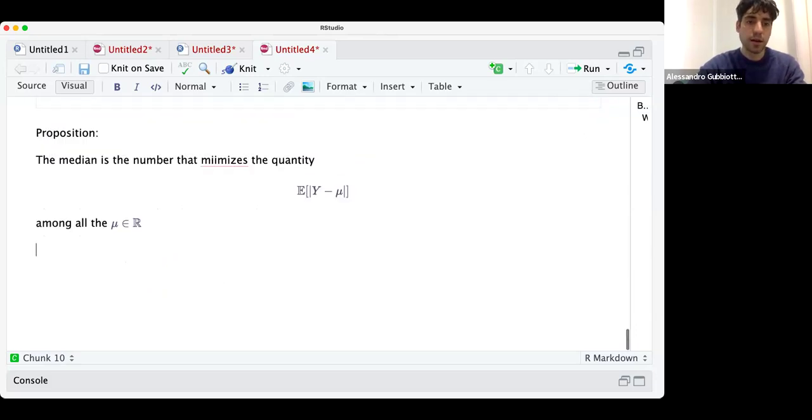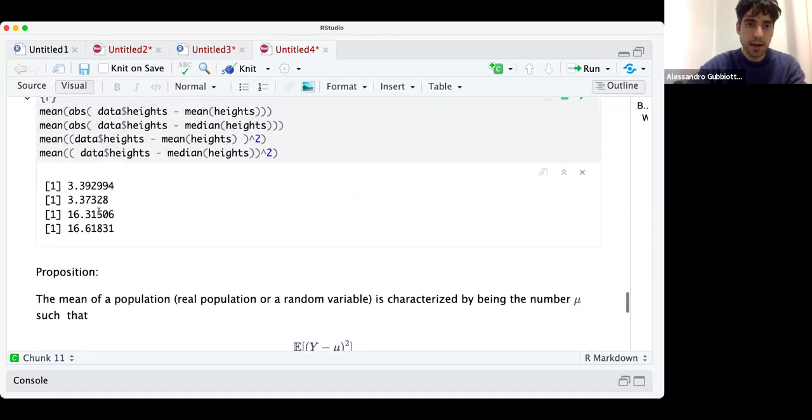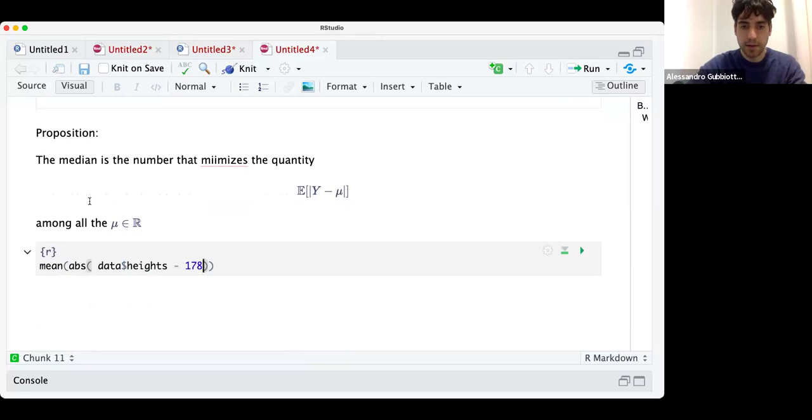In other words, if I again take the mean of the absolute value between the heights and, let's say, 178, I should obtain a number which is bigger than 3.39, even if not that much bigger.